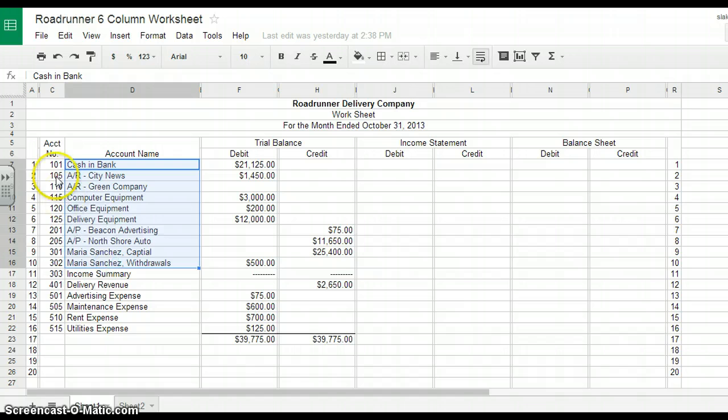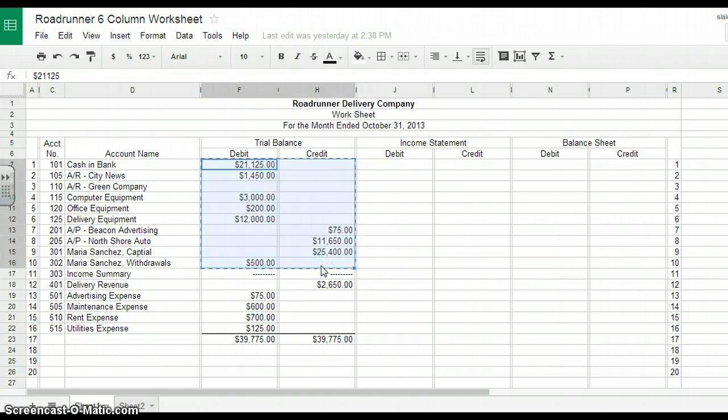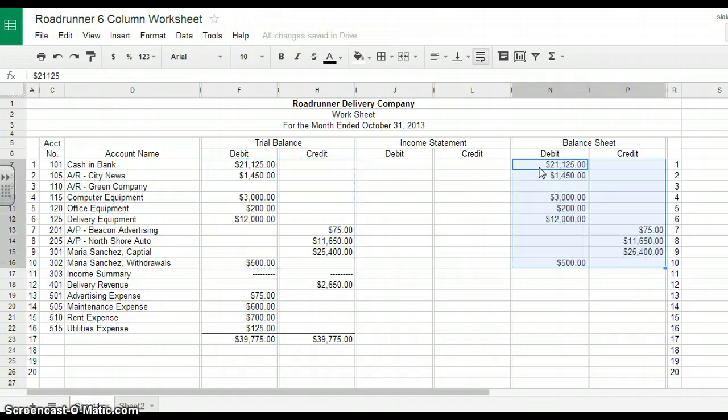So we have everything from the 100s to the 200s to the 300s, okay? Basically, all we're going to do is copy the debit and the credit column from that section and paste it over on the balance sheet. We are only going to look at our permanent accounts, our asset accounts, our liability accounts, and our owner's equity, and our owner's equity does include withdrawals.